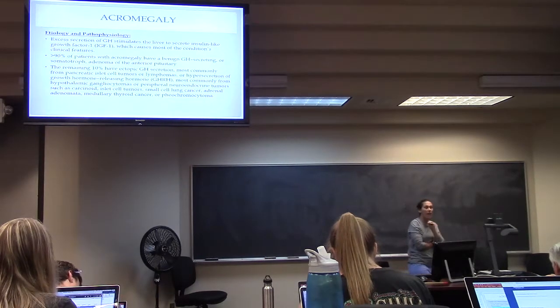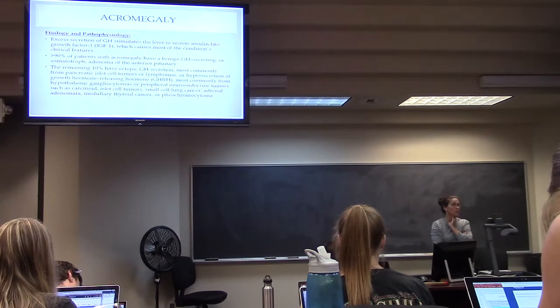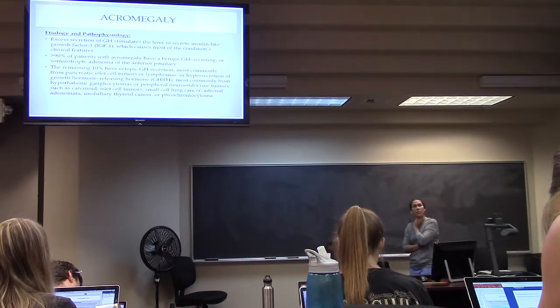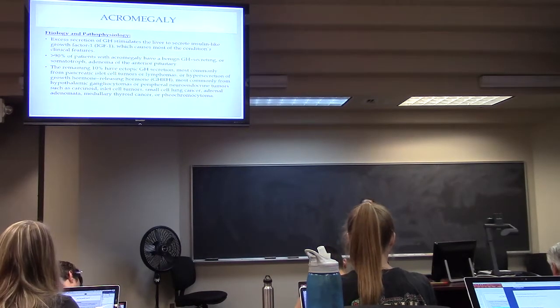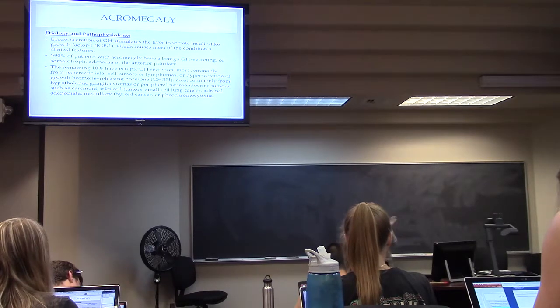So they can have a growth hormone secreting tumor in their lung as well. Adrenal gland, thyroid cancer, and then a pheo can also secrete excessive growth hormone. But again, the take-home point from that slide is it's a benign growth hormone secreting pituitary adenoma.